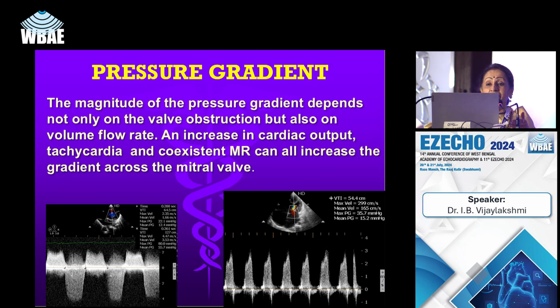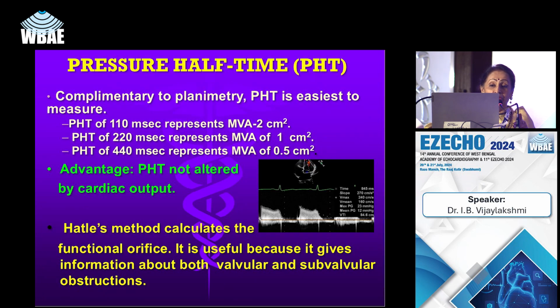The transmitral gradient can be determined by continuous wave Doppler mitral inflow during diastole, derived from the transmitral velocity flow curve using the simplified Bernoulli equation. And this is how we calculate. But the magnitude of the pressure gradient depends not only on the valve obstruction but also on the flow rate and volume.